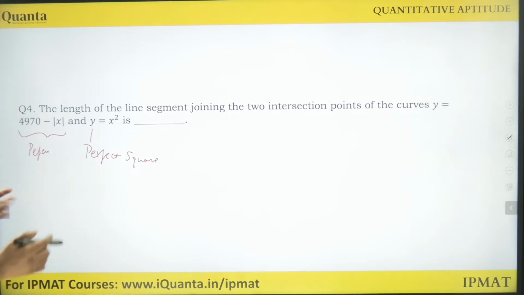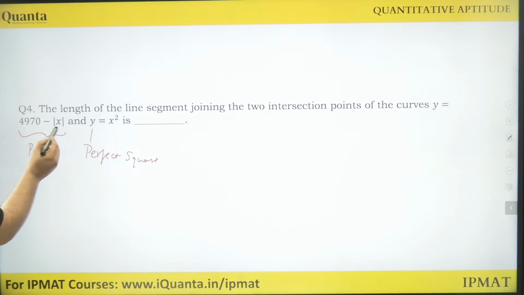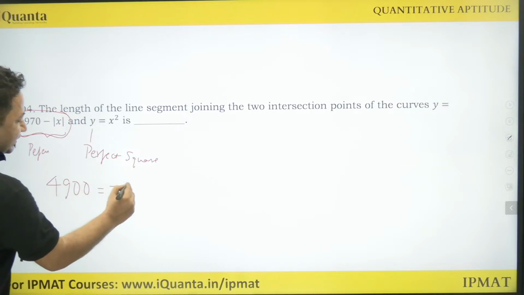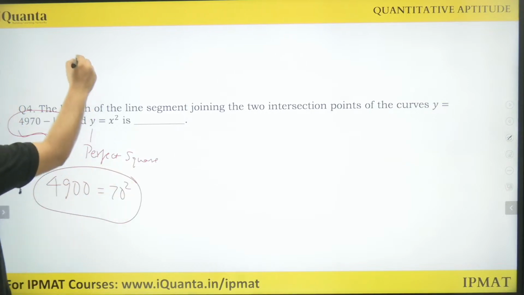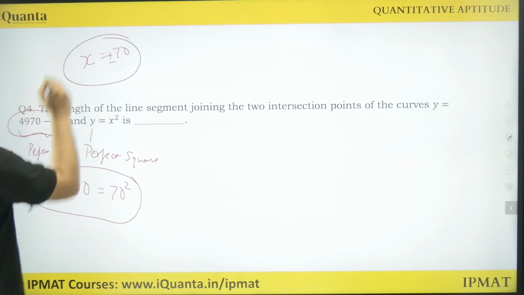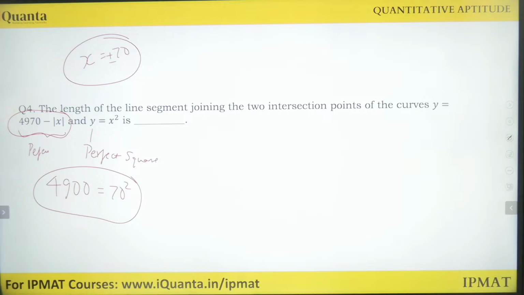Why less than? Because we are subtracting mod of x from 4970. So whatever we get here will be less than or equal to 4970. So 4900 is a number which is a perfect square, that is square of 70. Isn't it? If I put x equal to 70 or minus 70, I'll get 4900 in both the cases.